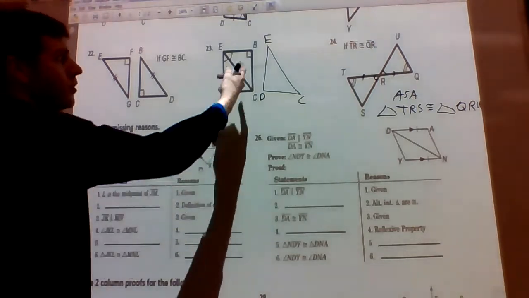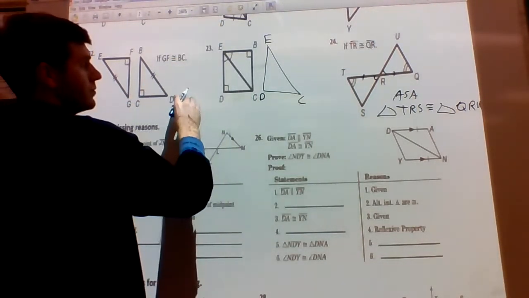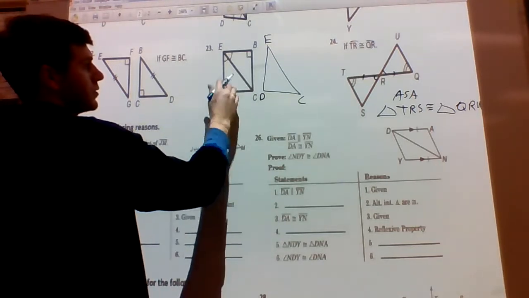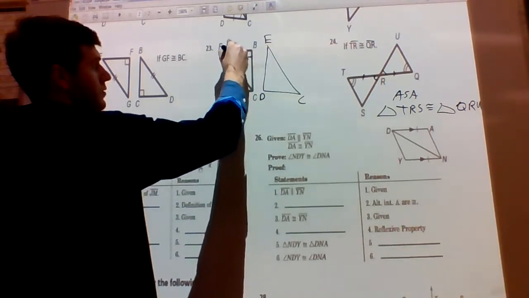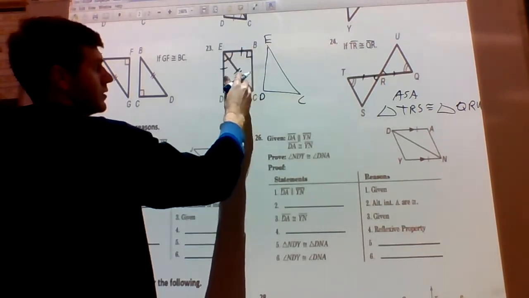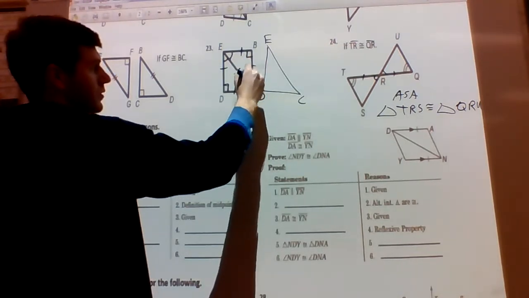If we flip it over and then up, this side's congruent, these angles are congruent, so these sides are congruent, and then these sides are congruent, and then these angles are congruent.